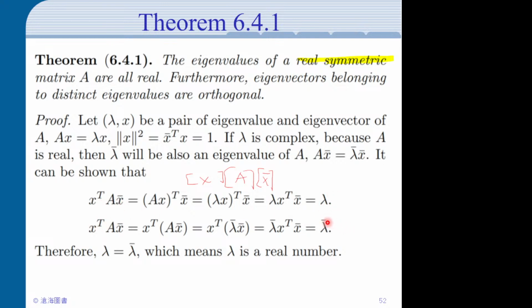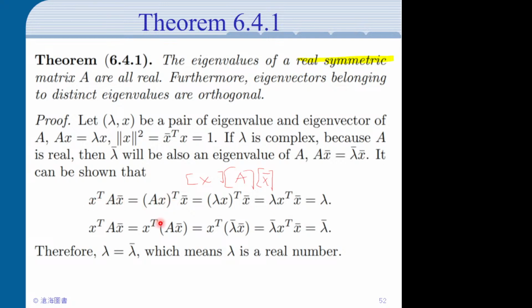Okay. And what is true is we basically just use the associativity of our matrix multiplication here. So you can think about x transpose on A first.